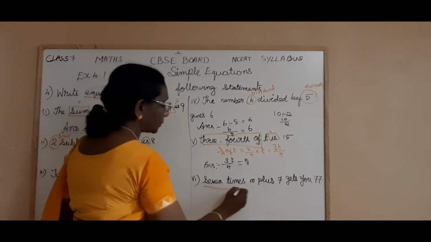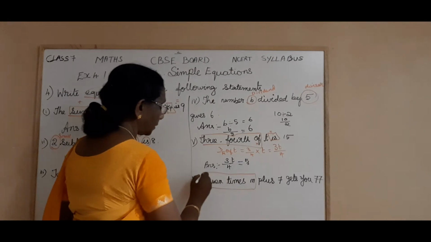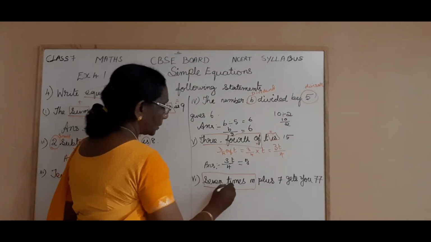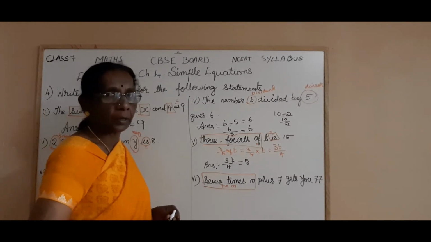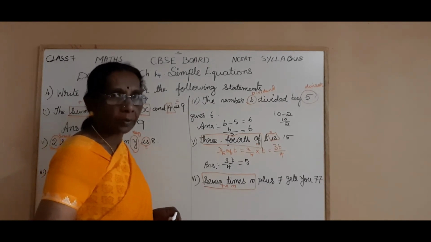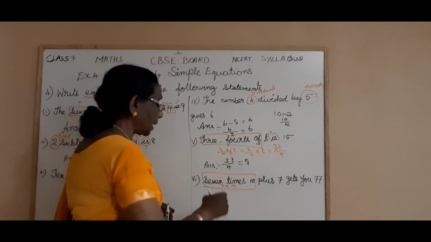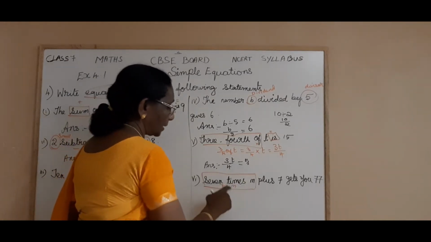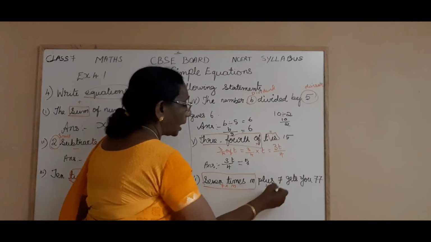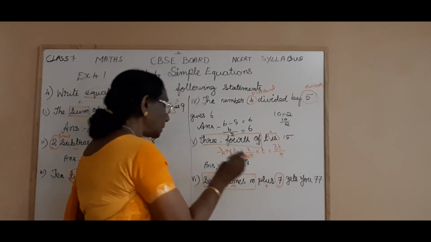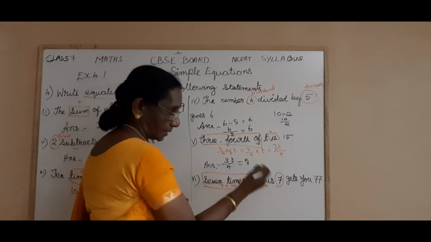Now next sum, 7 times m plus 7 gets you 77. 7 times means what, children? 7 into m. 7 into m is 7m. Okay. Thrice means 3 times. Twice means 2 times. The same way 7 times m means 7 into m. Plus you are adding. And what? 7. You are adding 7 times m and 7.